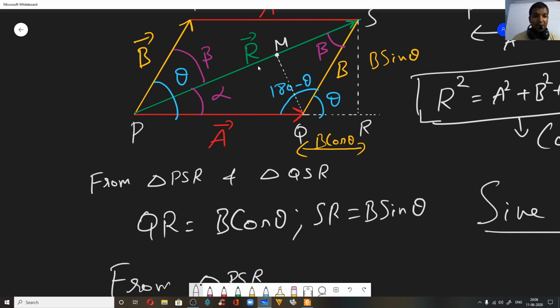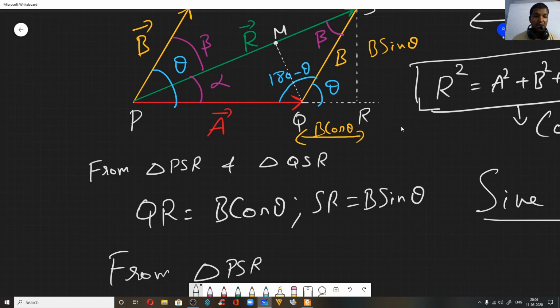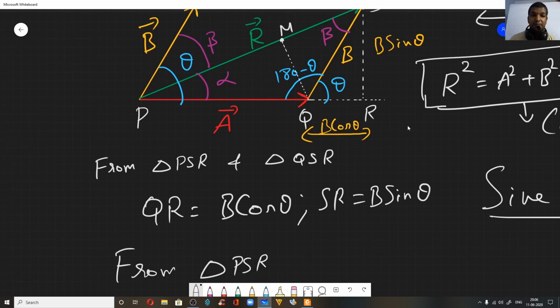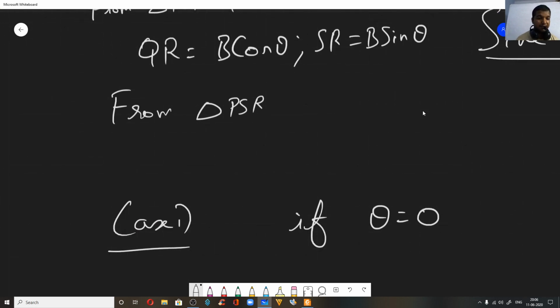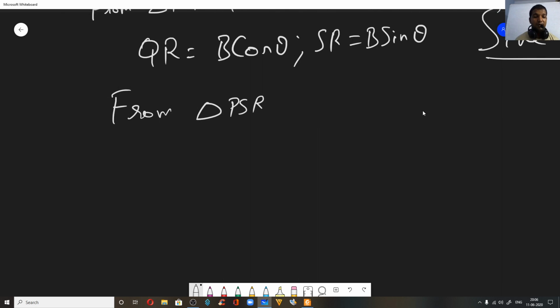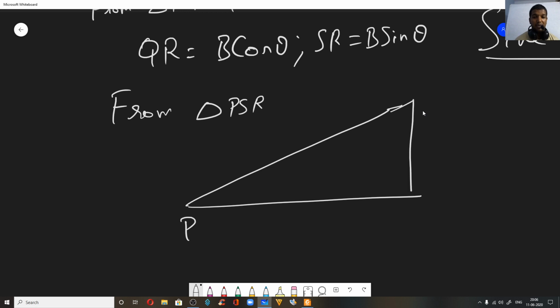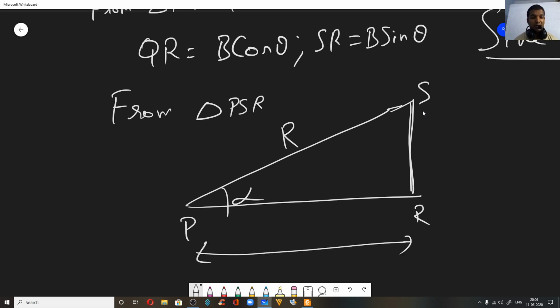Let me erase this. So from triangle PSR, again I am going to write, this is PSR, now this is alpha, and this is R. Now what can I write for SR? As you know, simple trigonometry, I am not doing anything else, this will be R sin alpha.